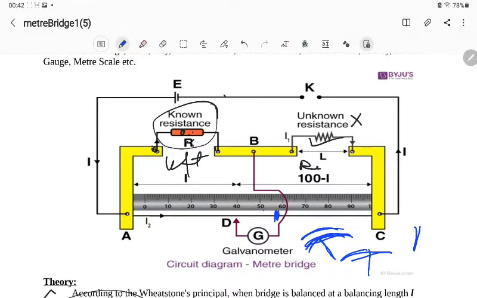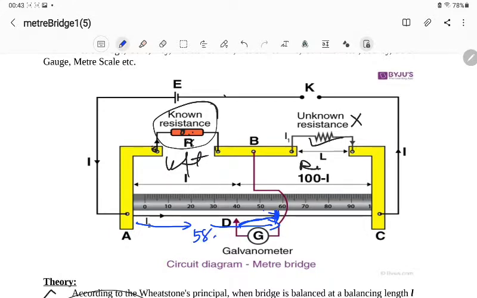Okay, at this point, when the jockey is here, the galvanometer shows zero deflection, means no deflection, it is not moving. So we have to find this length. This length is how much? We got it on 58 point, how much?